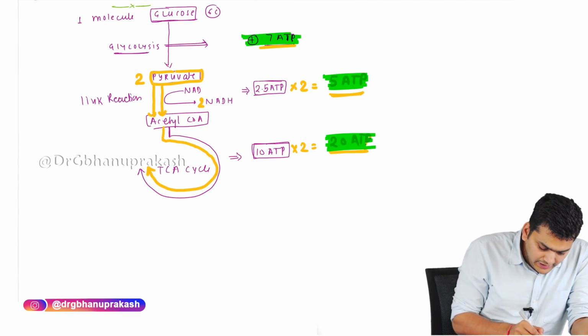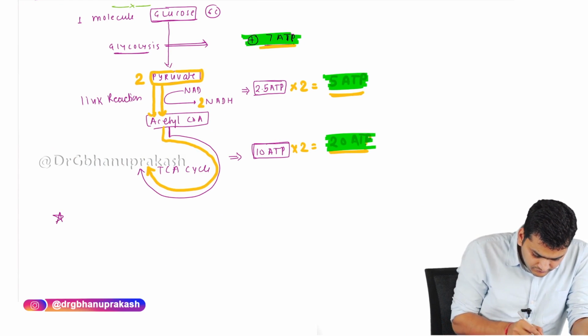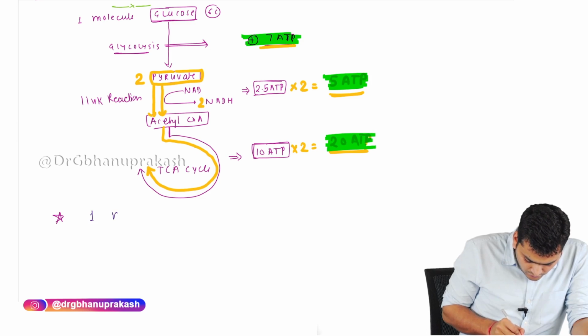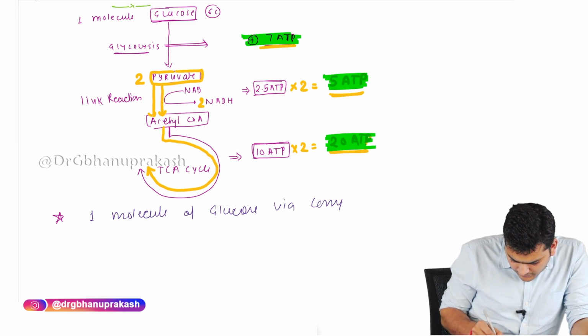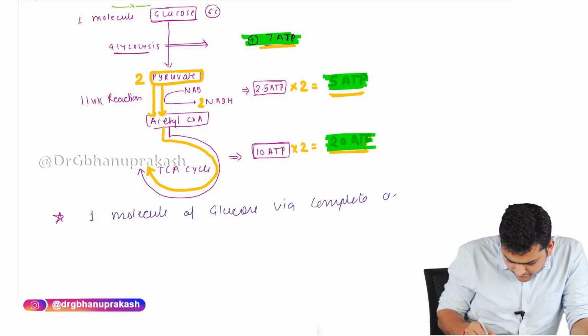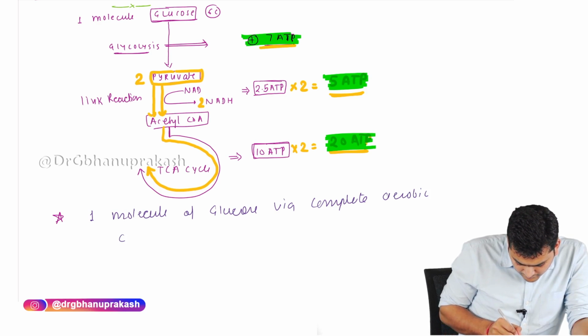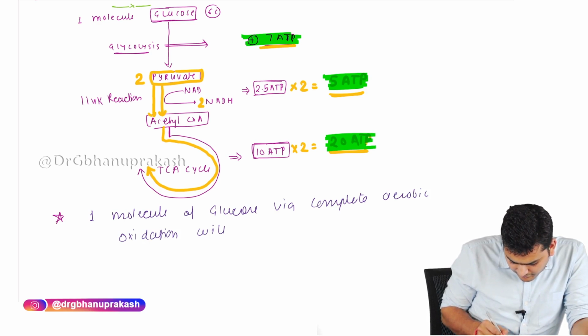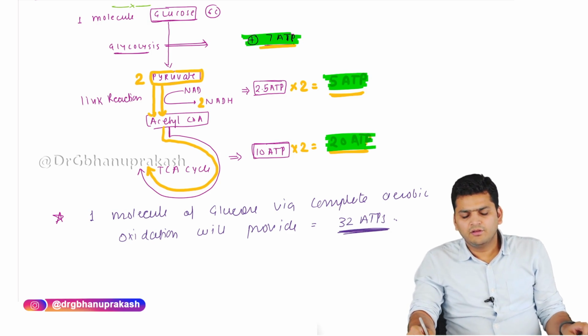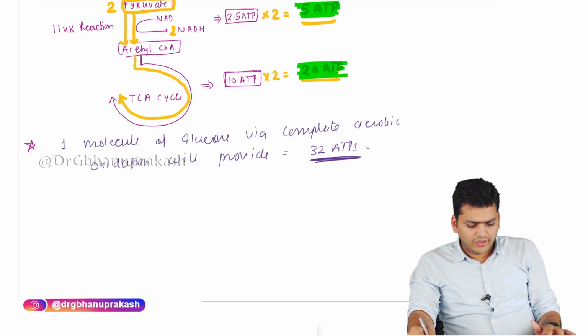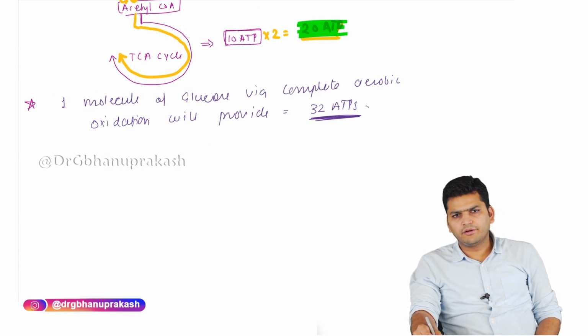So let's write down this point that 1 molecule of glucose via complete aerobic oxidation will provide 32 ATPs.